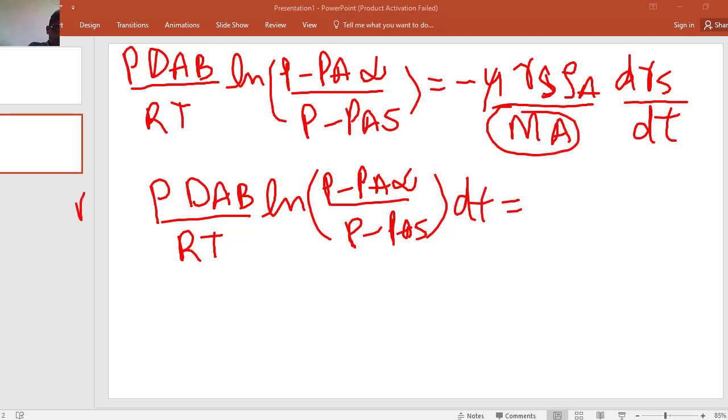Then we come to this side, MA, the density of A, and this is the RS, and this is the minus sign.